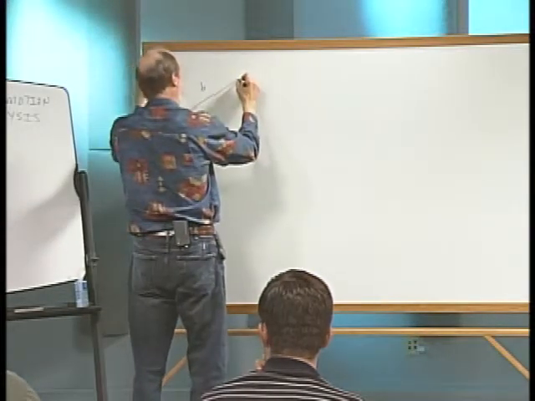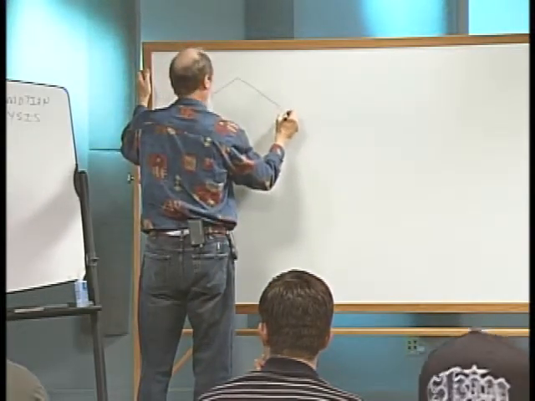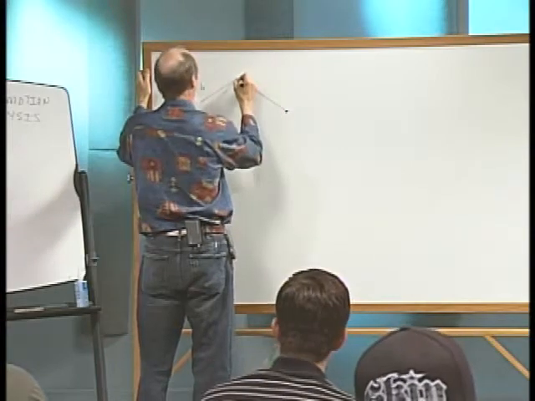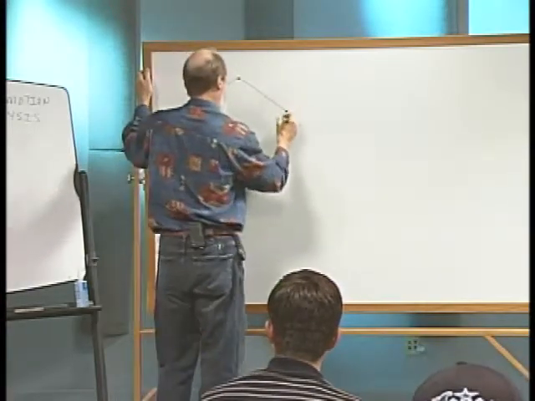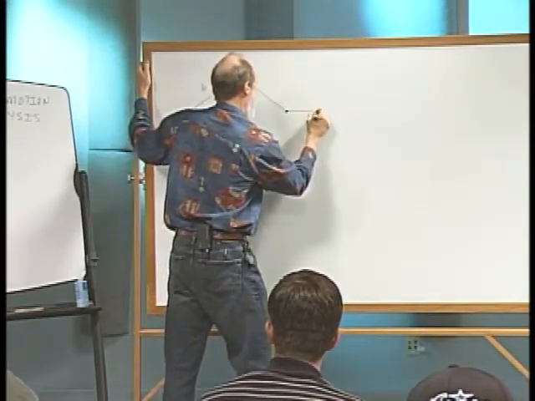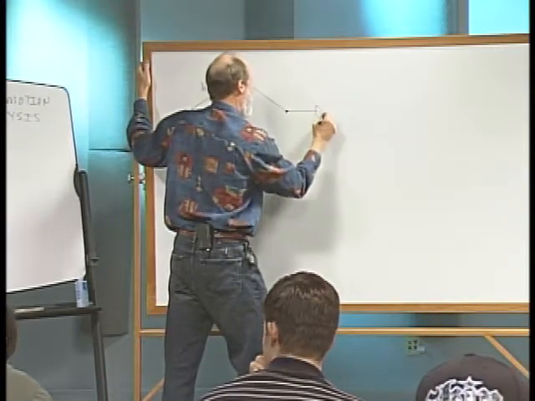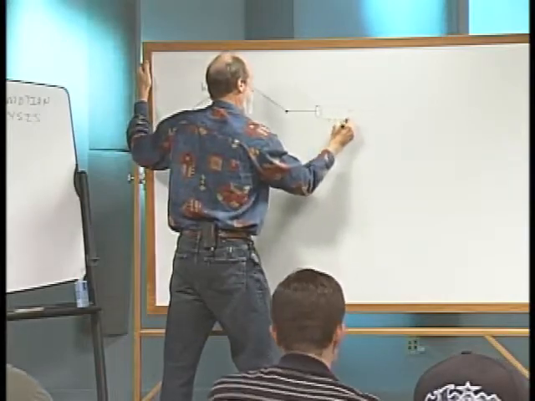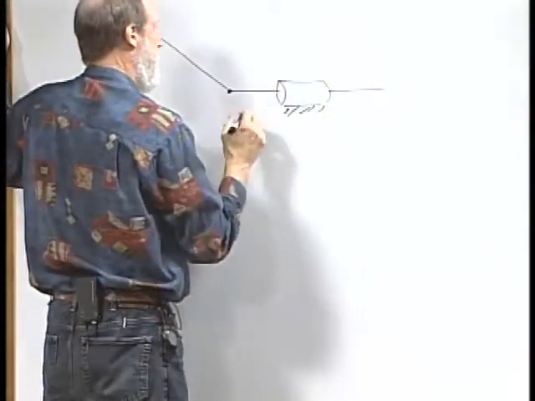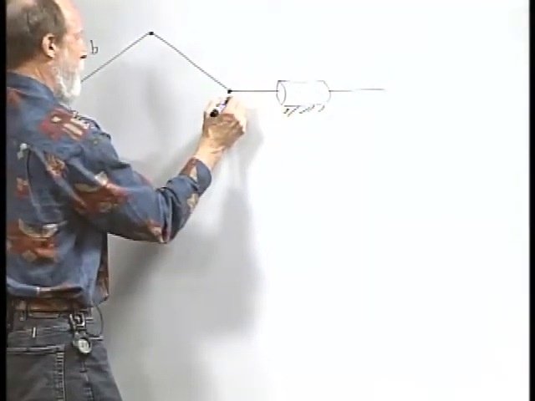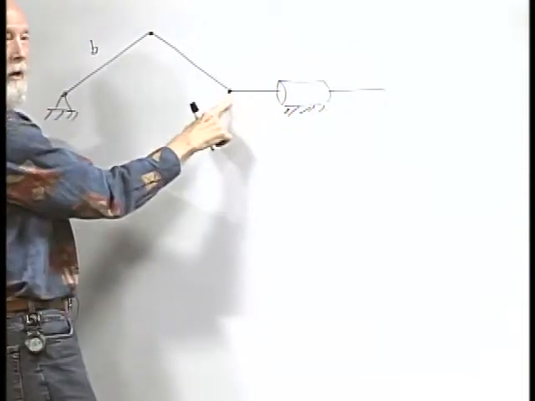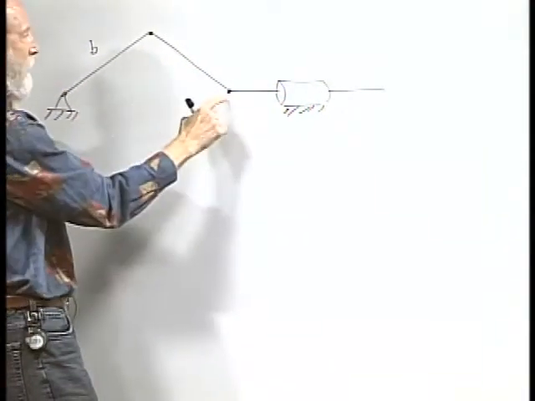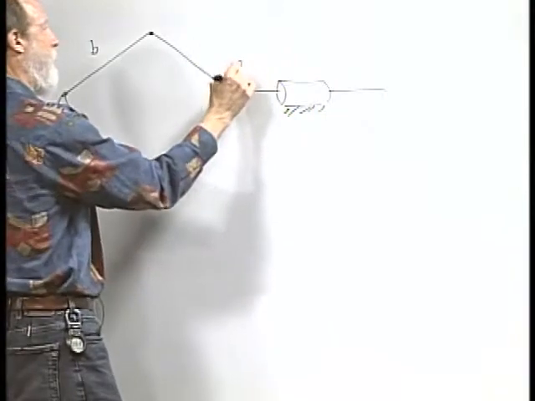Length B, and this rod comes out here. I think they labeled this A and this B. Is that correct? A here? Yes. Okay, thanks.